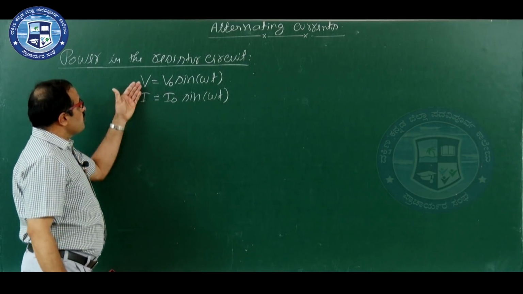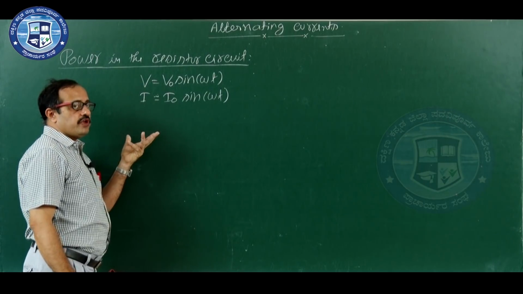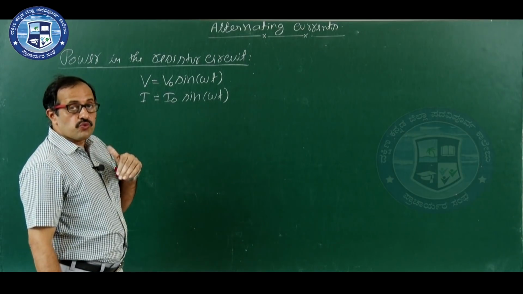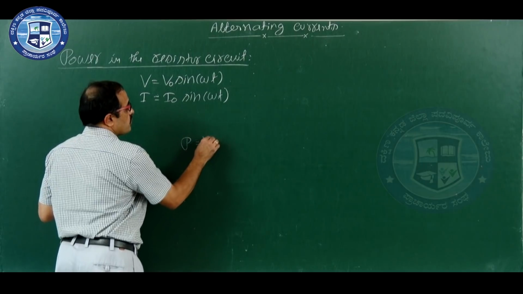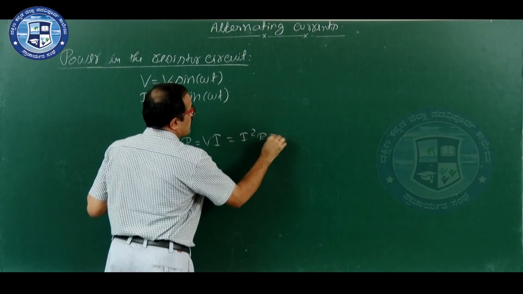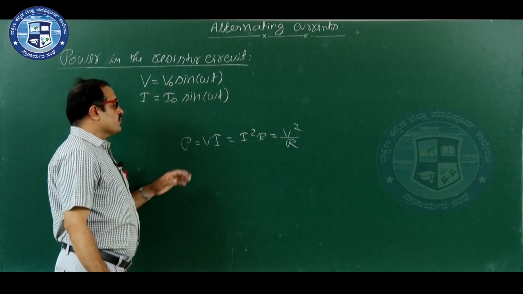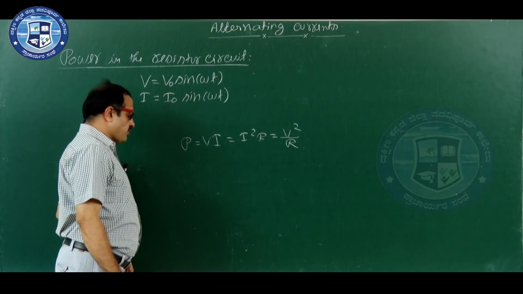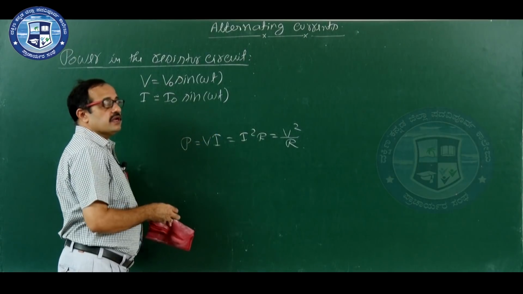Now, if you multiply both of them, because already you know the formula for power, power is equal to V into I, or I square into R, or V square by R. We already know the equation for power consumption in the electrical circuit, and we have got this formula in current electricity.